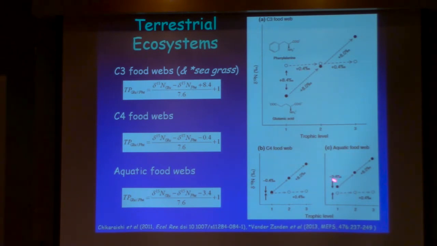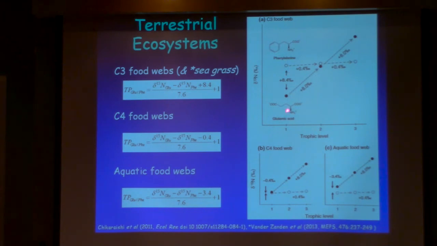Here, this is at 3.4 per mil, the diagram we saw. But in terrestrial plants, glutamic acid is depleted relative to phenylalanine by 8.5 per mil instead of enriched by 3.5 per mil. So that's 11 per mil different. You know something? That's something we can really use to our advantage too. You have to be cognizant of it.